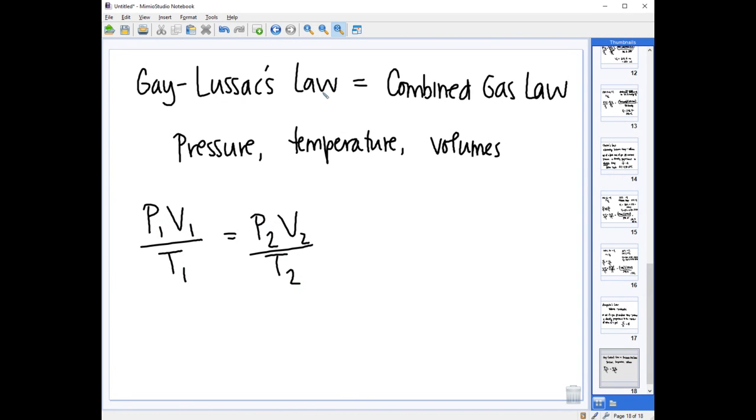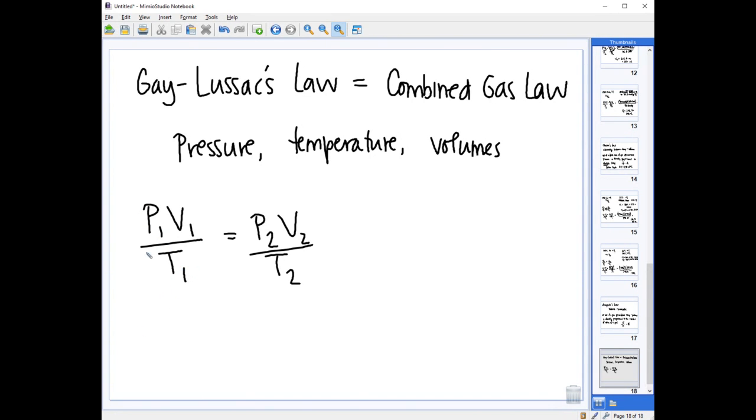But in order to kind of put these together, in order to get to this idea of the relationship between pressure and temperature, we have a relationship between pressure and volume, and we have the relationship between volume and temperature. But how did we come to this idea that pressure and temperature are directly related?